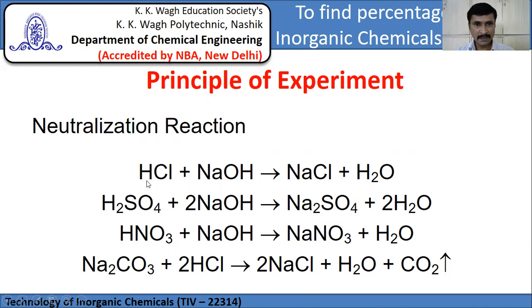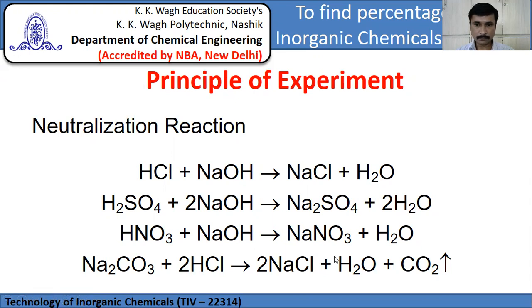So for HCl, it is reacted with sodium hydroxide to produce NaCl and water. In second example, sulfuric acid is reacted with sodium hydroxide to produce sodium sulfate and water. In third example, nitric acid is reacted with sodium hydroxide to produce sodium nitrate and water.